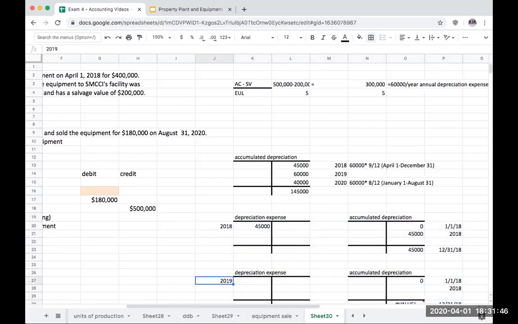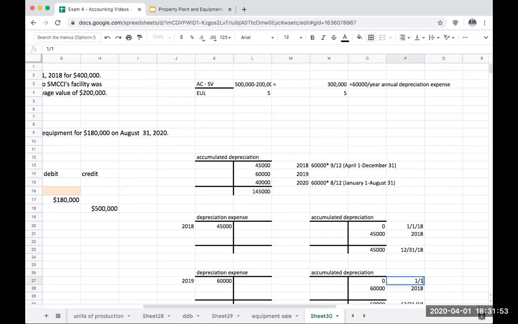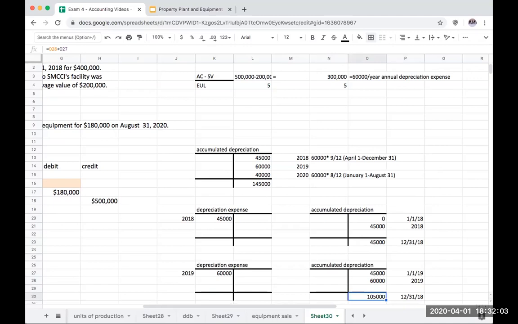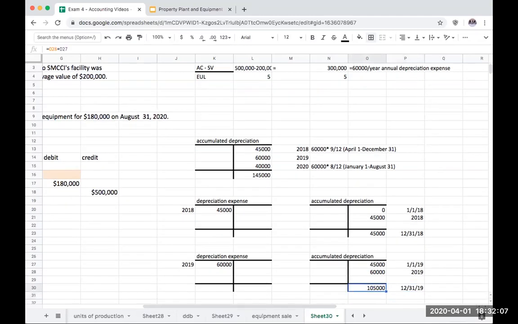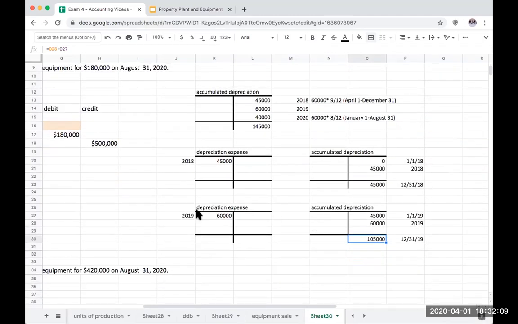For 2019, the amount of depreciation expense I recorded was $60,000. So here, my ending balance of 12/31/18 becomes my beginning balance as of January 1st, 2019. So in 2019, I took $60,000, so my ending balance in accumulated depreciation would be $105,000.